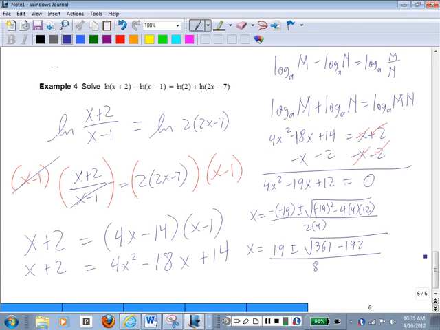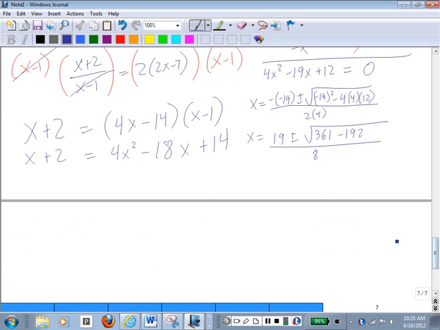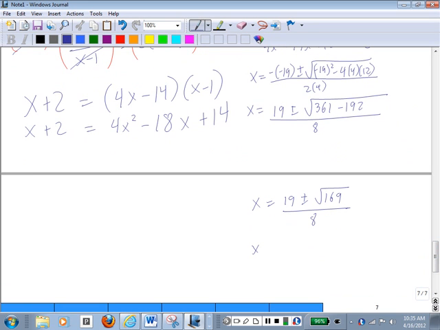So it's going to be x equals 19 plus or minus the square root of 169 all over 8. x equals 19 plus or minus 13 all over 8. Everyone good with the fact that 13 times 13 equals 169? Now, quick show of hands.